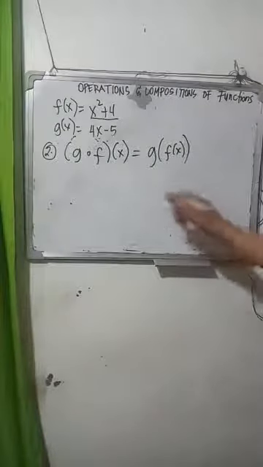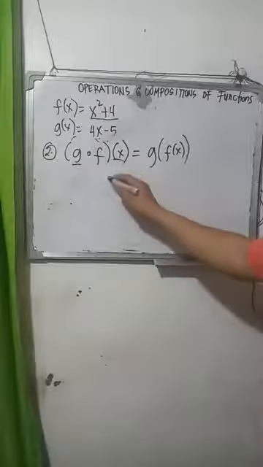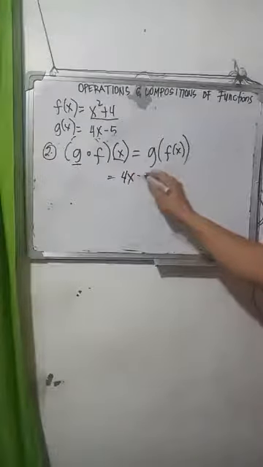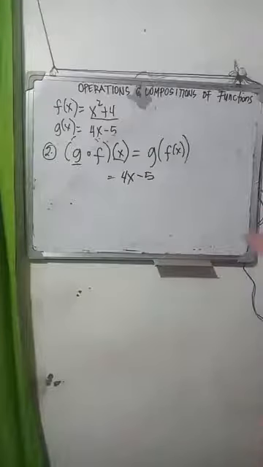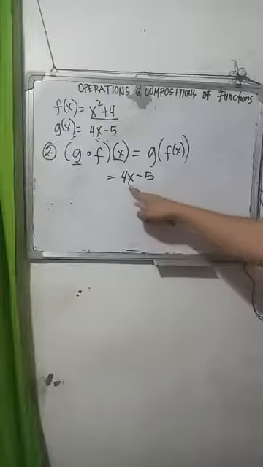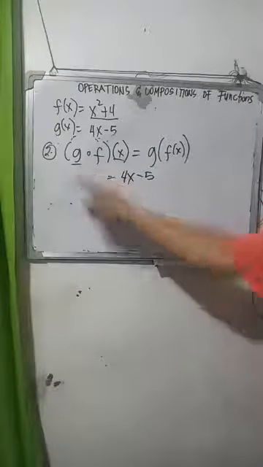Okay, next. So what is the value of g of x? So that is 4x minus 5. Again, kanina, yung value ng g of x ang substitute natin. Ito, iba naman. Yung value naman ng f of x ang isubstitute natin sa x pag g of x ang hinahanap.